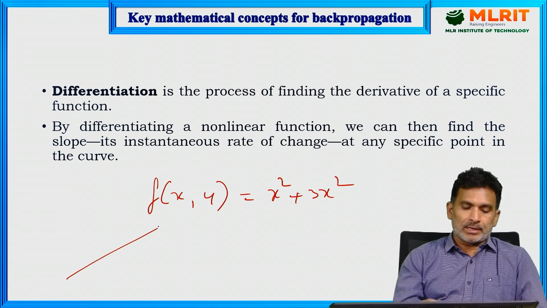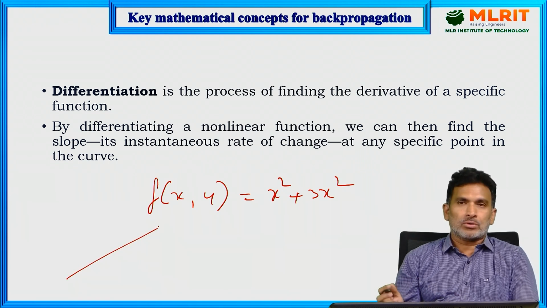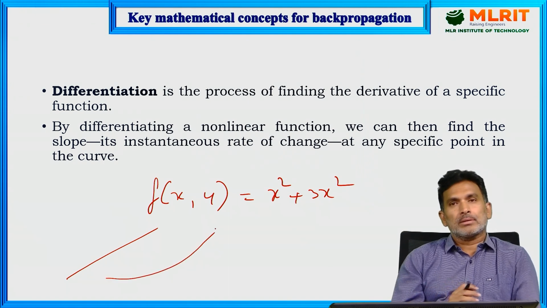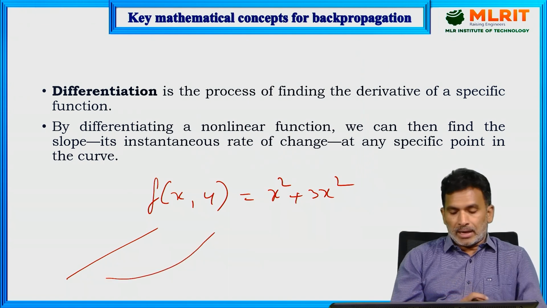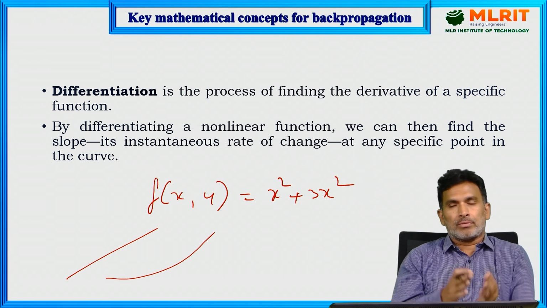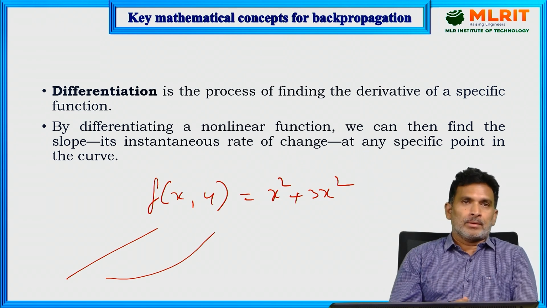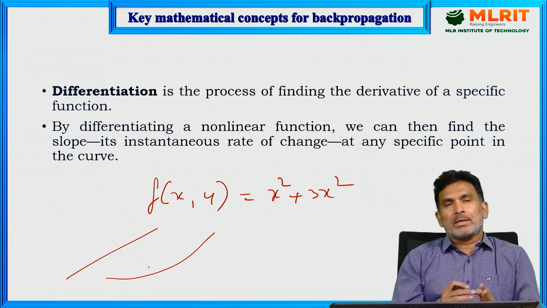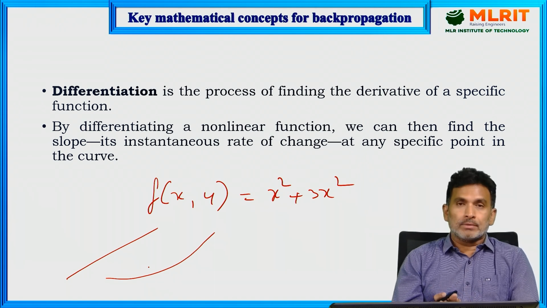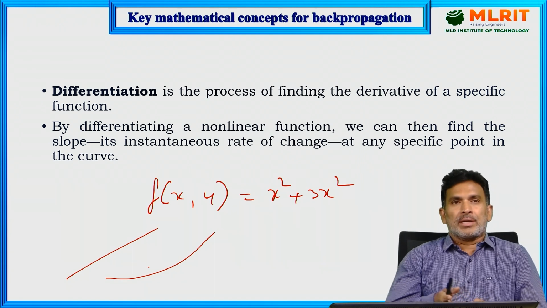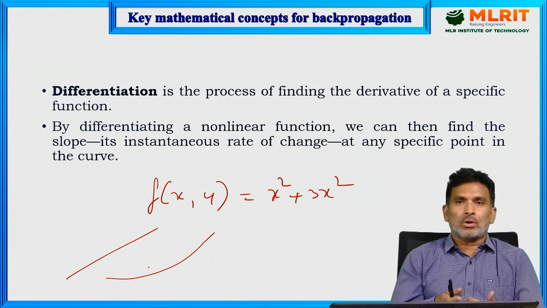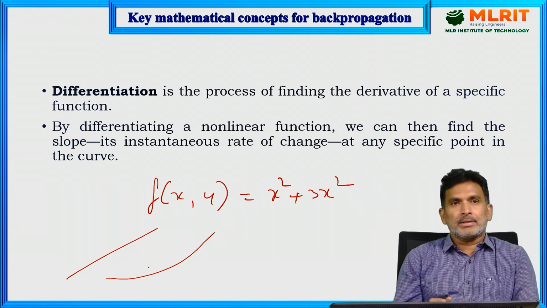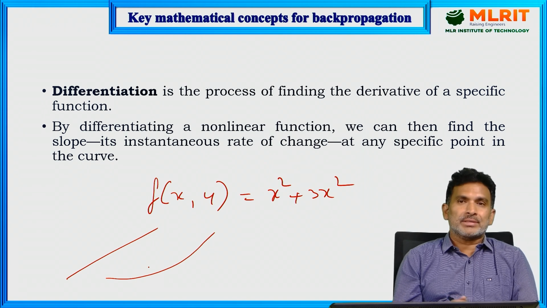If it is a straight line, the rate of change remains constant, whereas if the line is a curve, the rate of change would vary from one point to another. Okay, so this we need to understand. This is a non-linear function, so we can find its slope, that is the instantaneous rate of change.